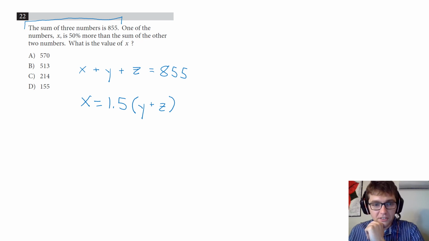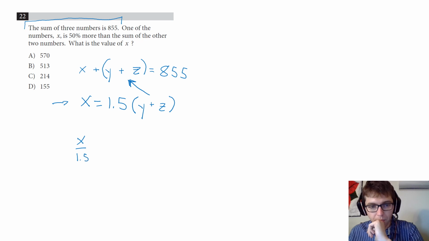We are looking to solve for x. So what we need to do is take our second equation and solve for this y plus z such that we can just plug y plus z into our first equation. So how would we do that? Rearranging the second equation, divide both sides by 1.5. So you'll be left with x divided by 1.5 is equal to y plus z. And you can bet all this is going into your calculator by the end of this.